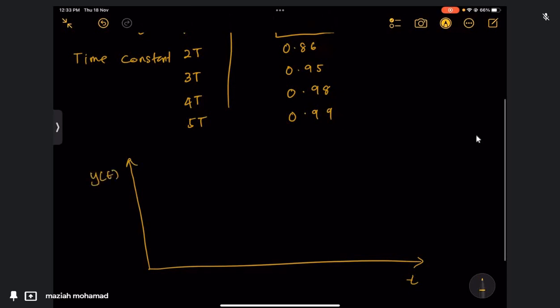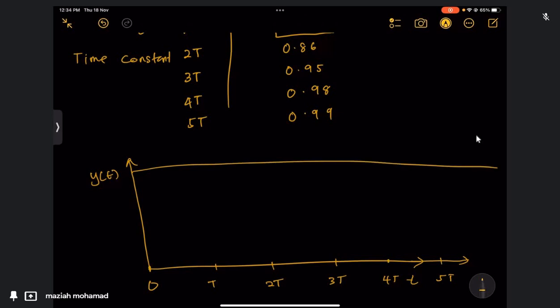y(t). So this is 0, 1t, 2t, 3t, 4t, 5t. Basically we reach 1. If you go to infinity, you will get 1.